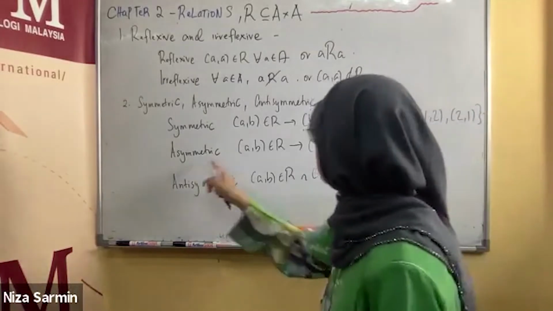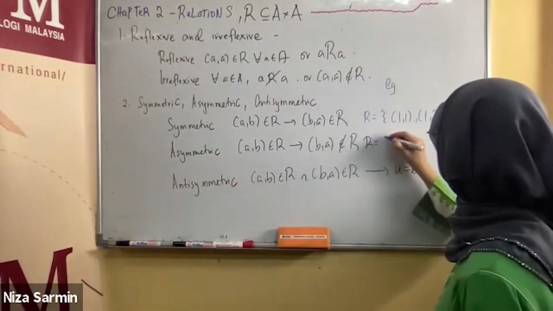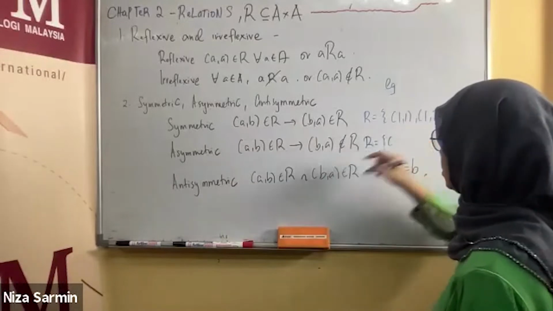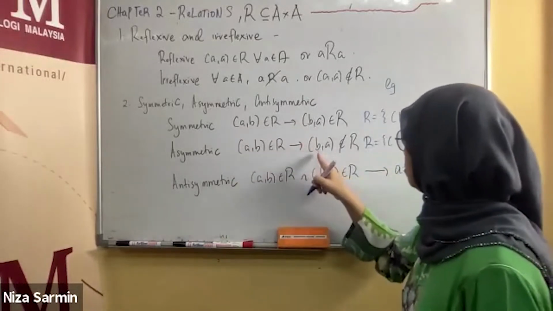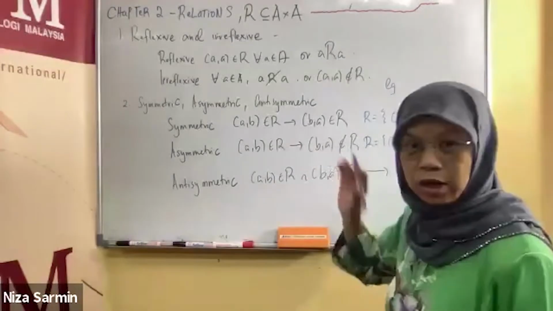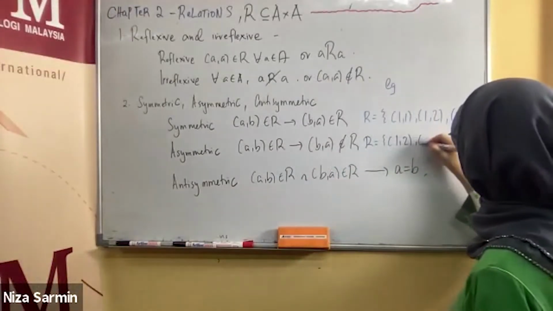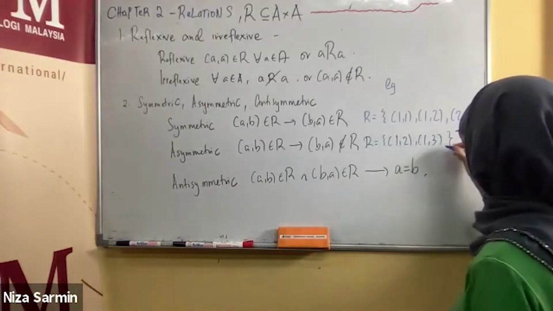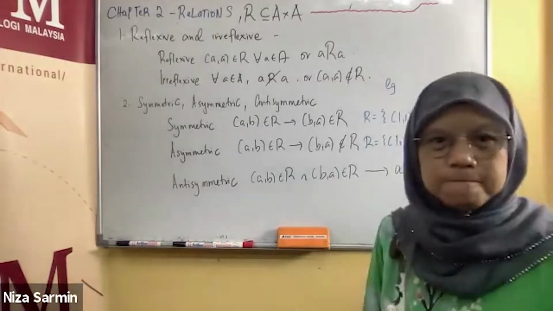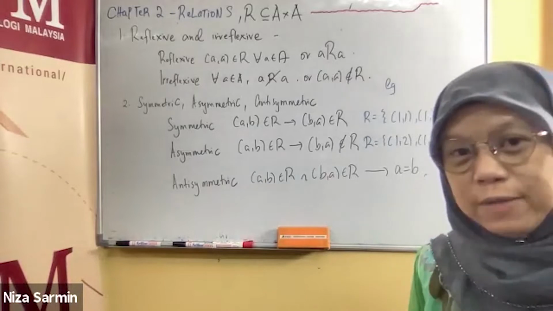Okay, for this one, I can have R. If there is an AB, it cannot be BA. So you cannot have a double. Yeah, you can have 1, 2, 1, 3, for example. Okay, because you don't have a 2, 1.